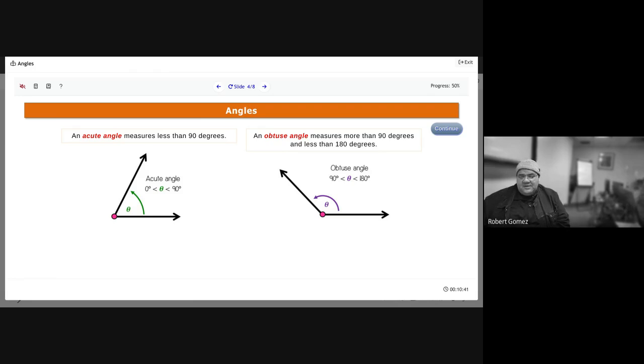So what they're saying here is that the acute angle, and this is how they're representing it, is basically written in the mathematical version. This little thing right here, that's a Greek letter. That's not a 0.